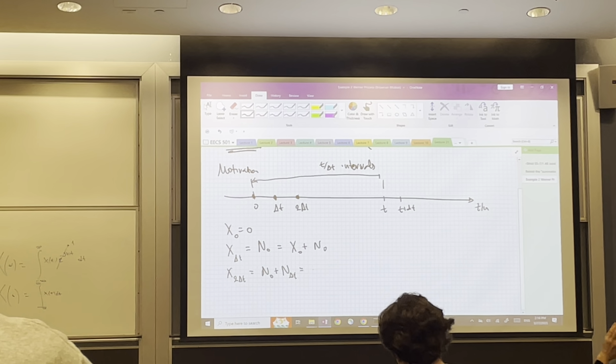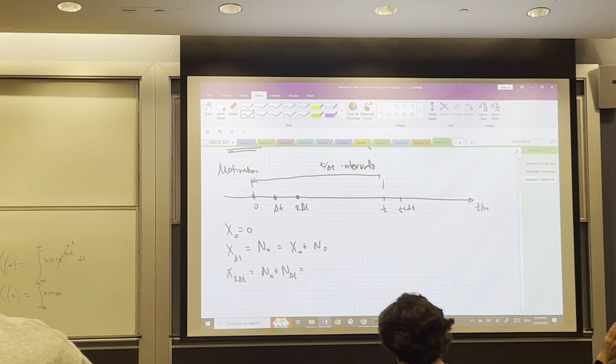And I go all the way like that until I get to x of t plus delta t, which is n0 plus n of delta t plus all the way to n of t, which can be written as x of t plus n of t.